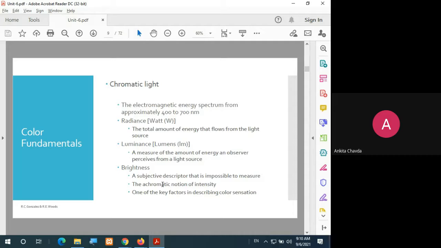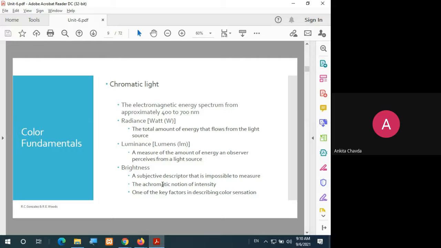Now, what is luminance? Luminance is a measure of the amount of energy an observer perceives from the light source. It is very simple: the observer cannot perceive the whole energy. They just take a part of that energy, because it will be reflected somewhere on the object. Whenever it is reflected from the object, it will only reflect that color and absorb all the other lights.